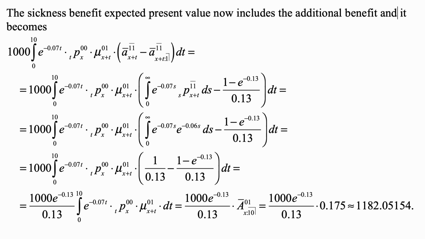We put it in front and we get 1000 e to the minus 0.13 over 0.13 times the integral from 0 to plus infinity of e to the minus 0.07 t times tpx 0, 0 times mu x plus t 0, 1 dt. That's equal to a bar x colon angle 10, 0, 1. And that's given as 0.175, so we just plug it in, calculate it, and it's approximately 1182.05154.